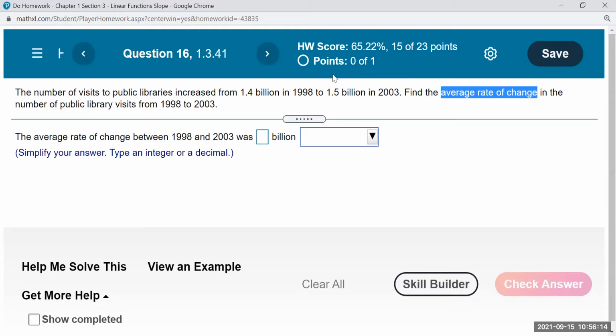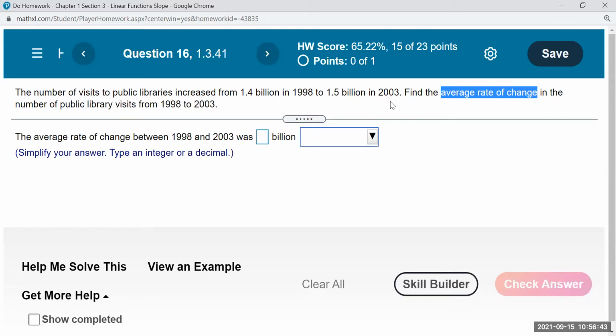Whenever you have time, the time values are the X values, and whatever you're dealing with is your Y values. So this first point is 1998, comma 1.4.